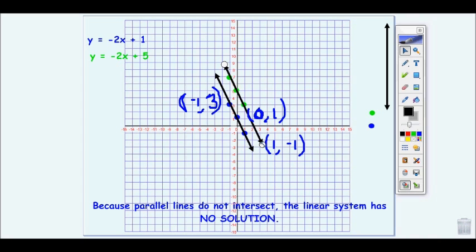All right. And I'll try to label at least some of those points here. Get my greens. There we go. So my y-intercept was at 0, 5.